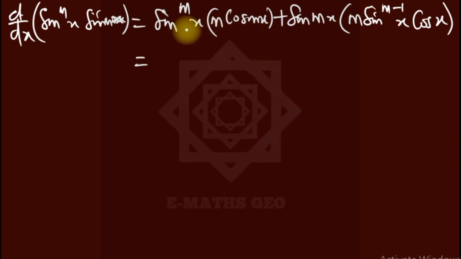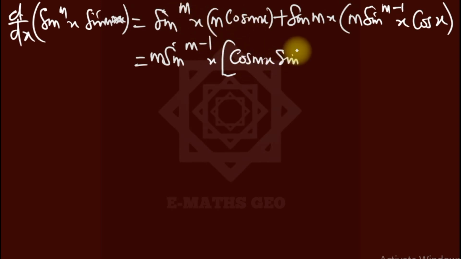Looking at this, there is sine x raised to power m minus 1 in both, because you can still get it from here if you bring out sine x raised to power m minus 1. Inside this we still have cos mx, and we still have one of this sine x.